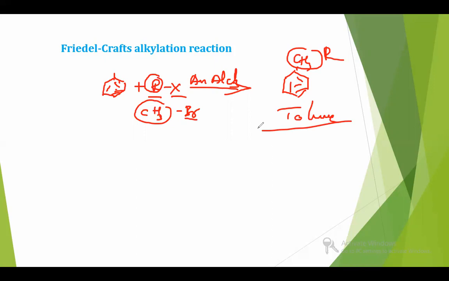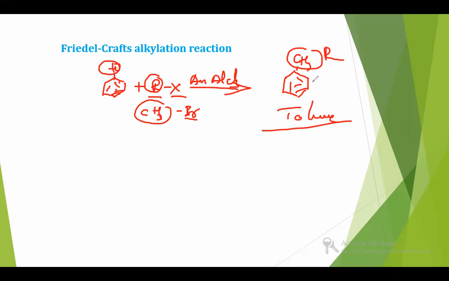Or benzene treated with ethyl bromide gives ethyl benzene: the hydrogen is replaced with the C2H5 group, the R group attaches in place of hydrogen. We get C6H5C2H5, which is called ethyl benzene.